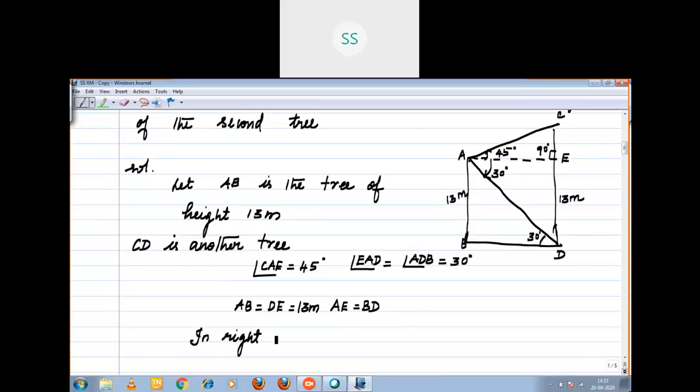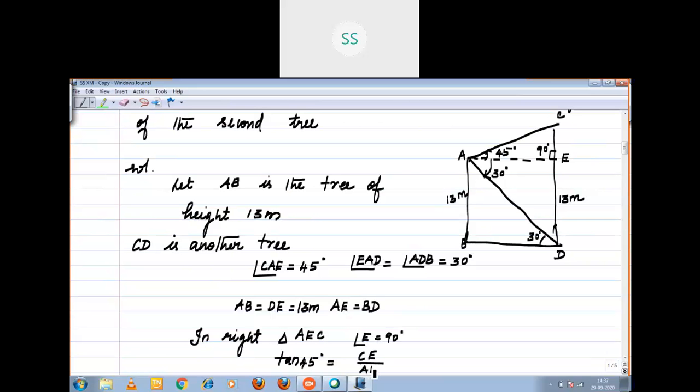In right triangle AEC, angle E equal to 90 degree. Then tan 45 degree equal to opposite by adjacent.